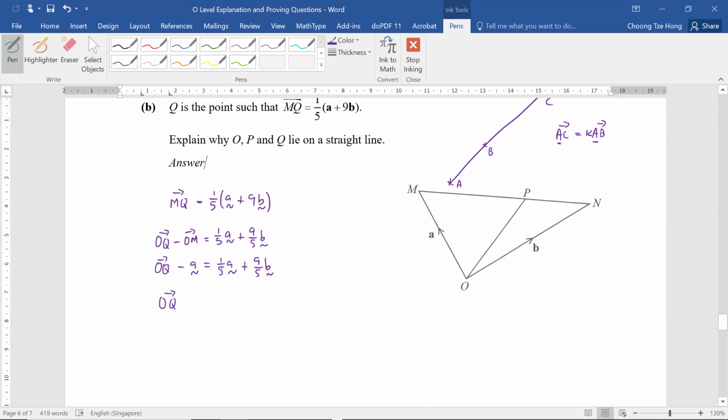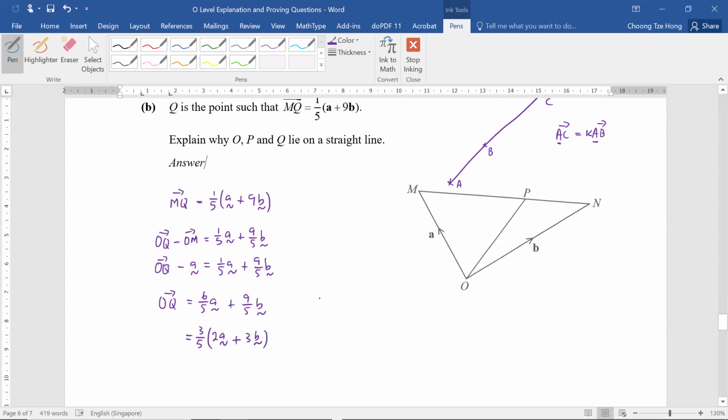A plus 1/5 A, you actually get 6/5 A plus 9/5 B. From here we can factorize out the 1/5, and on top, 6 and 9 have a common factor of 3, so we can actually factorize out 3/5. Once you take out 3/5, you get 2A plus 3B.